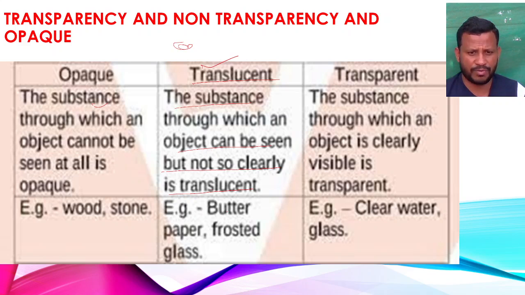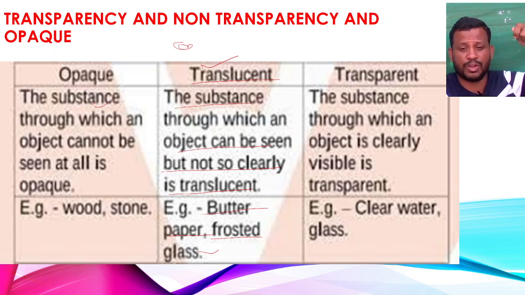For example, butter paper, some glasses, and even our handkerchief. When you hold your handkerchief in front of your face, you can partially see some objects through the handkerchief.